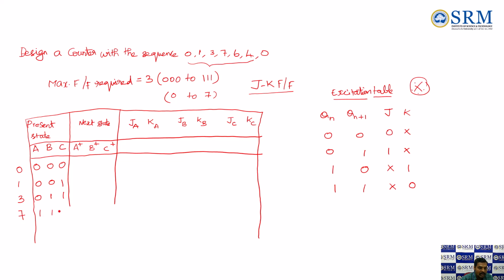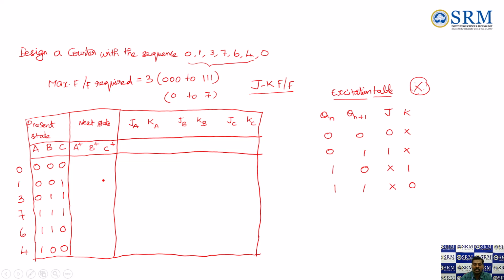The corresponding binary value is all ones. Then 6. 6 corresponding value is 1, 1, 0. Let's complete the table. The last value is 4. For 4, it is 1, 0, 0.